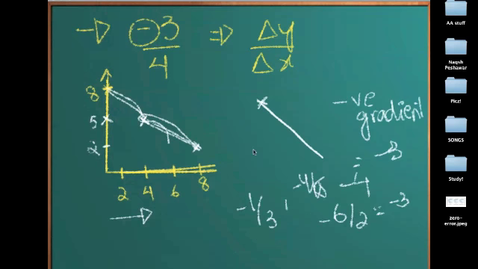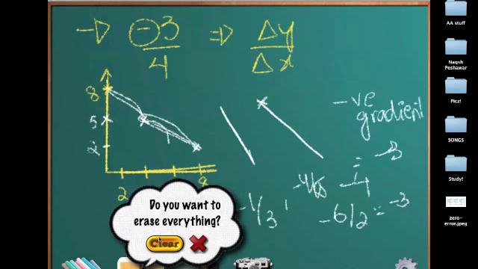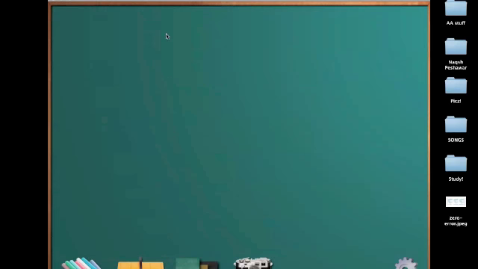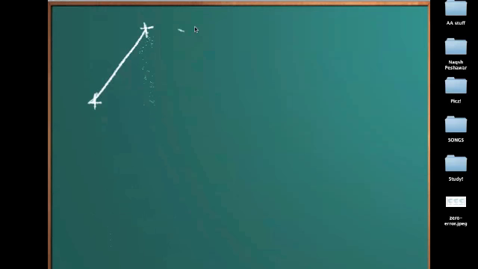This would simply mean that the line is decreasing and not increasing. Something like this. However, if a line is increasing, for example, it was somewhere here originally and it reached this point, this will always have a positive gradient.